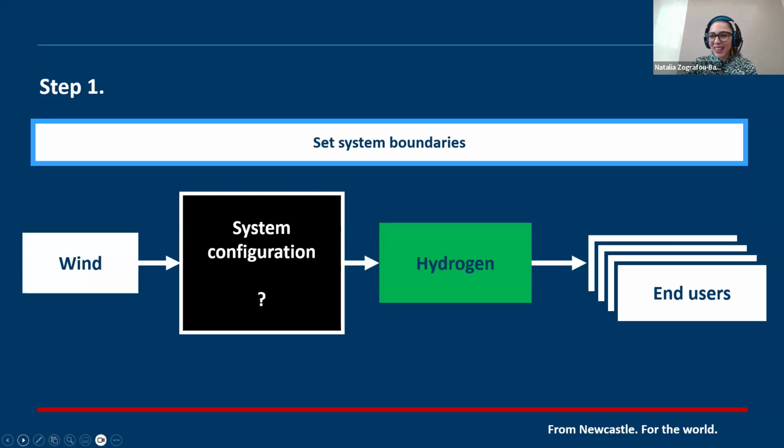Next slide, please. So given that we have this, we're not sure about which is the system configuration, but the good news is we do know there is wind in and green hydrogen out. So given this, we defined that our system will finish, next slide, please, Michelle. Right there. So basically it will finish when it has supplied the hydrogen to end users. So that could be provided in storage or, for example, inserted in a pipeline, as we saw earlier, like Mick showed.